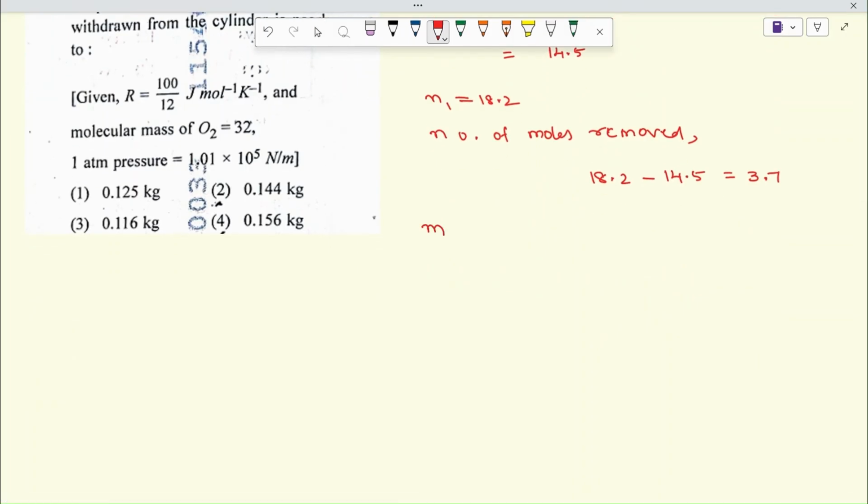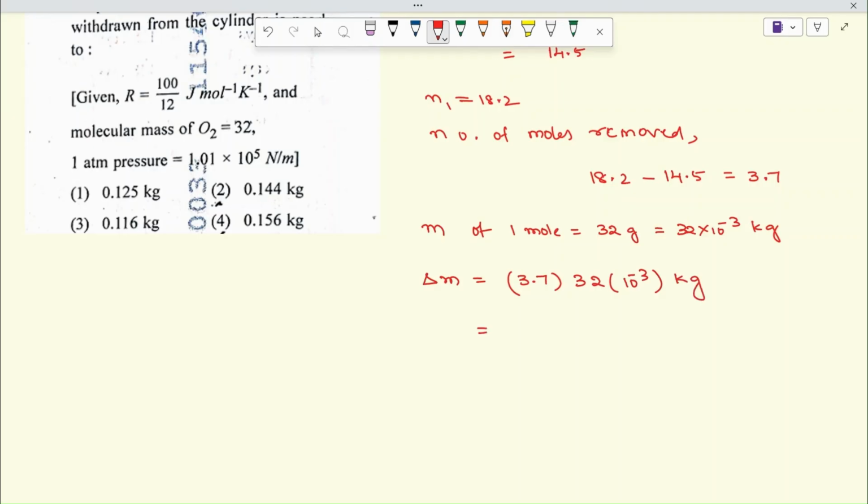Mass of 1 mole of oxygen gas is 32 grams, isn't it? That means 32 into 10 power minus 3 kilograms. So, removed mass is 3.7 moles into 32 into 10 power minus 3 kilograms.